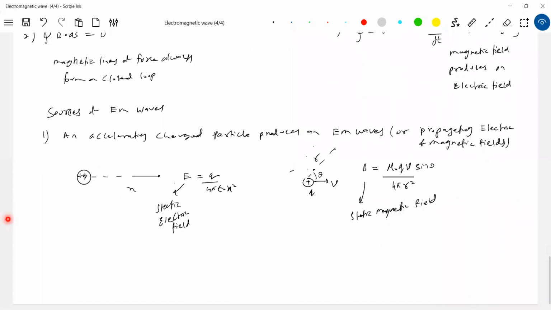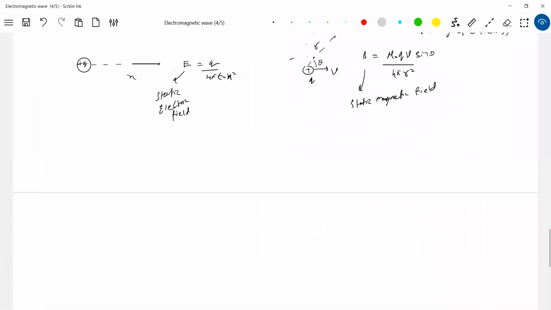So let's take an example of generation. I'll take an AC source and adjust it to a certain frequency. Just wait, I'm at the beginning only.